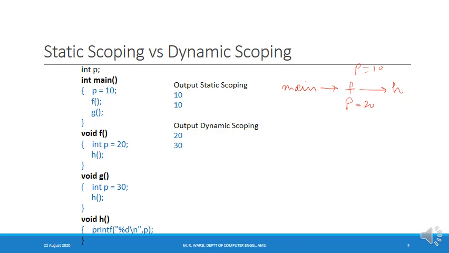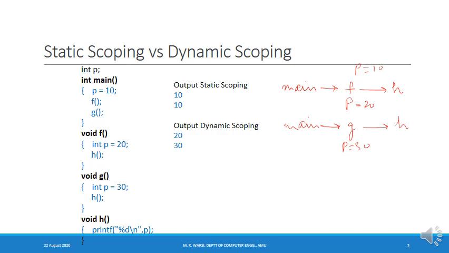Then I return from the function h, I return from the function f, I come back to main and I call the function g. G has got a definition of p and it assigns a value of 30 to this. G now gives a call to the function h, and in h once again we are printing the value of p. So when I refer to p, I search for p in the function h, I do not find it there.